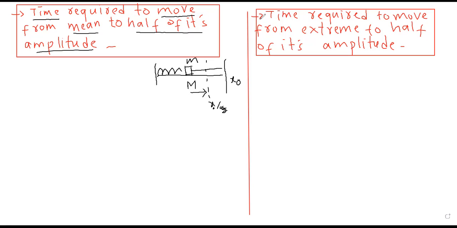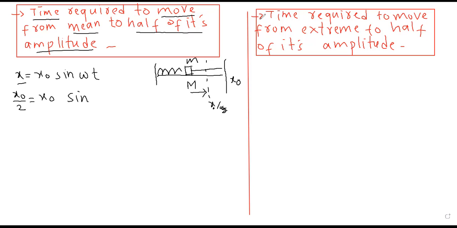So the equation for displacement is x equals x naught sine omega t. Remember this: when the question is given through the mean position, we must use the sine function. So x is given, which is half of its amplitude. So x is x naught divided by 2, which is equal to x naught sine of omega t.